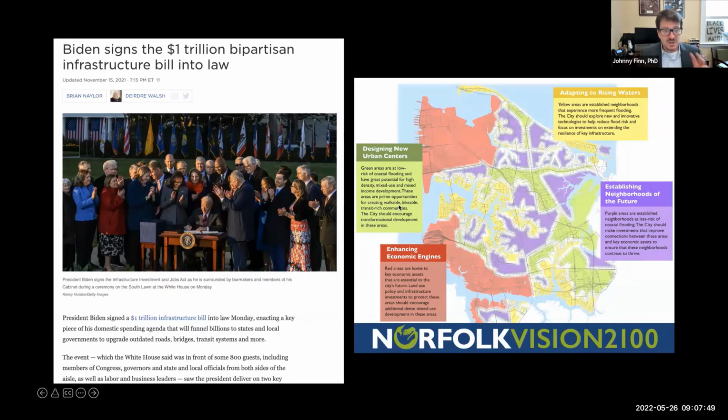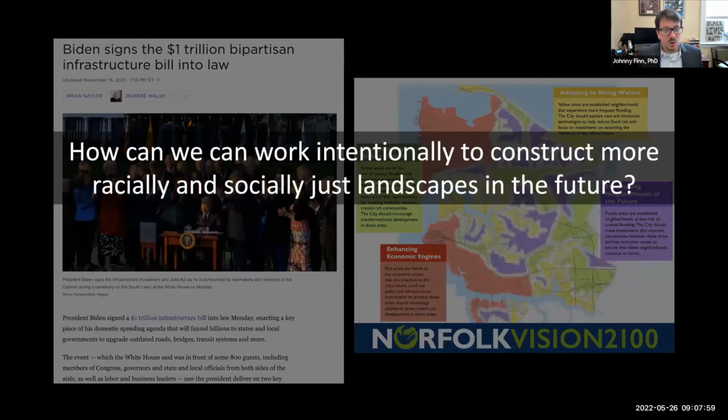And I put these two screenshots up side by side to think through this question: how can we work intentionally to construct more racially and socially just landscapes in the future in the context of this infrastructure build out, in the context of climate change, and the need to make our cities more resilient to the impacts of climate change?